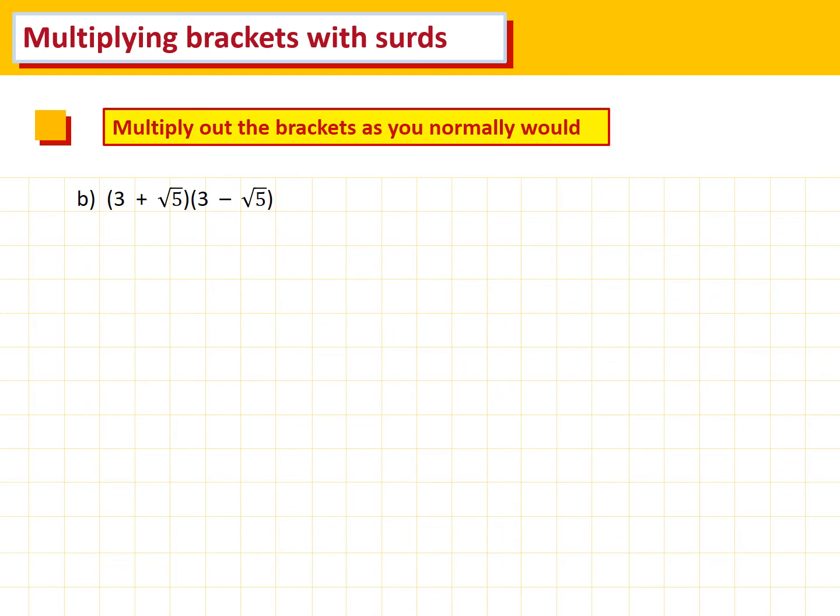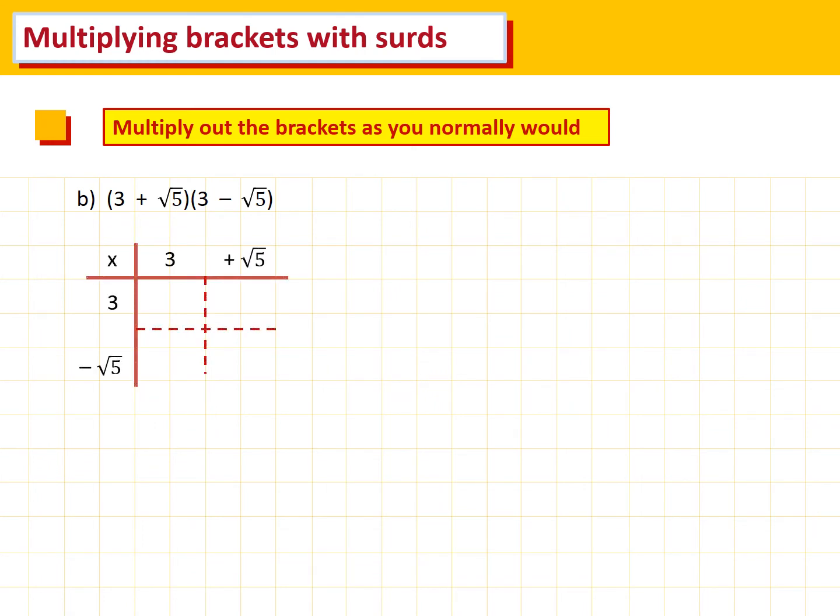Here's a second example. Note once again the structure of the question. It's an A plus B, A subtract B format, and we're going to see once again that the square root part disappears.